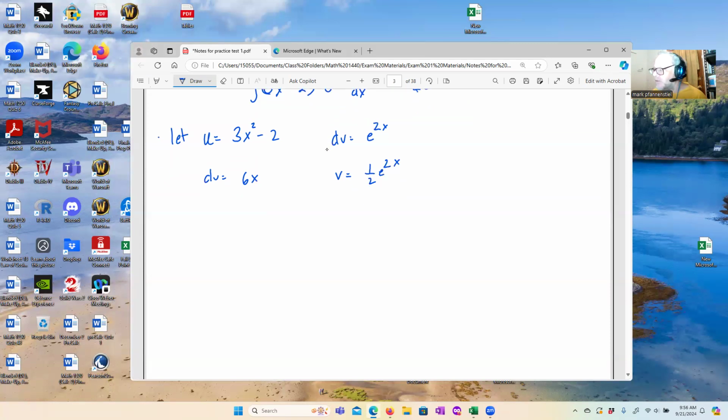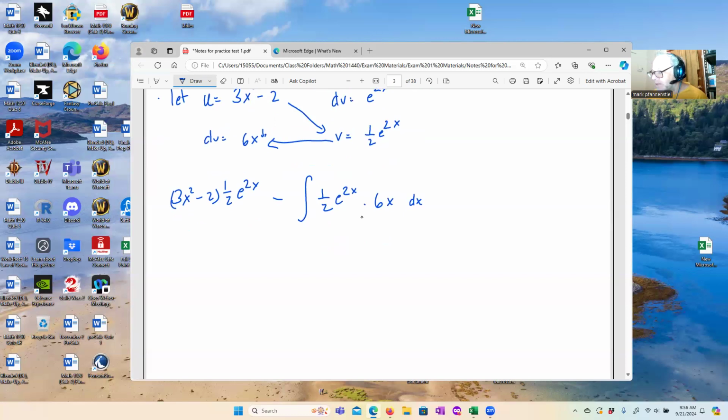And if you have to make a little mini u substitution in here to do that, that's fine. Okay. So what we're going to do is we're going to get our u substitution. We're going to say this is (3x squared minus 2) times 1/2 e to the 2x, minus the integral of 1/2 e to the 2x times 6x dx.